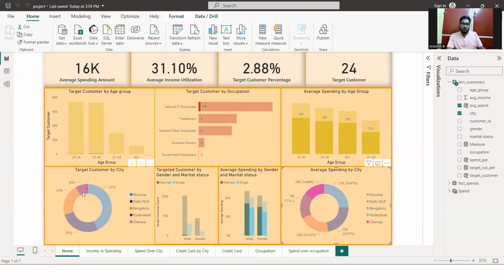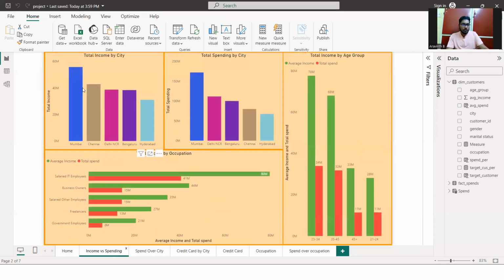So it's a recommendation from me to the strategy team to come up with a good strategy which will help Chennai people spend more on credit cards and all those things. Next to this, it's Hyderabad. It comes in fourth place, but if you see income versus spending, Chennai is in third place, second place in income, right?